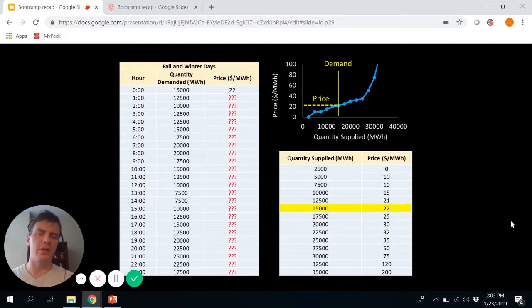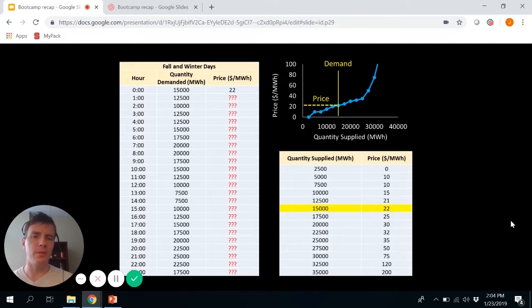And so what we see is that the system supply curve in blue intersects with our perfectly inelastic demand curve in yellow. We can estimate the price of electricity as the value on the y-axis that's associated with that intersection. So we can draw this yellow line from our intersection over to the y-axis.